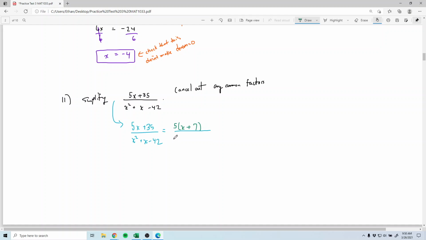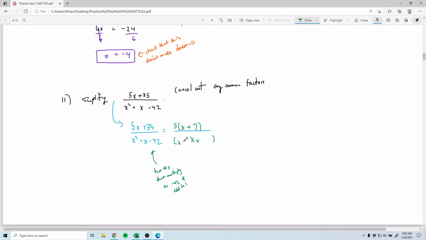And now the bottom factors as well. This is an x squared, which means we're going to have two factors with just an x. And we want two numbers. Because it is x squared, we can do the shorter one. Two numbers that multiply to negative 42 and add to 1.